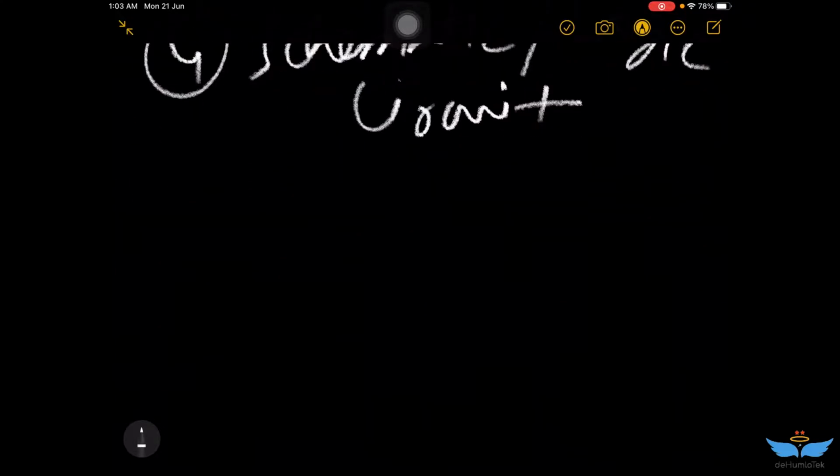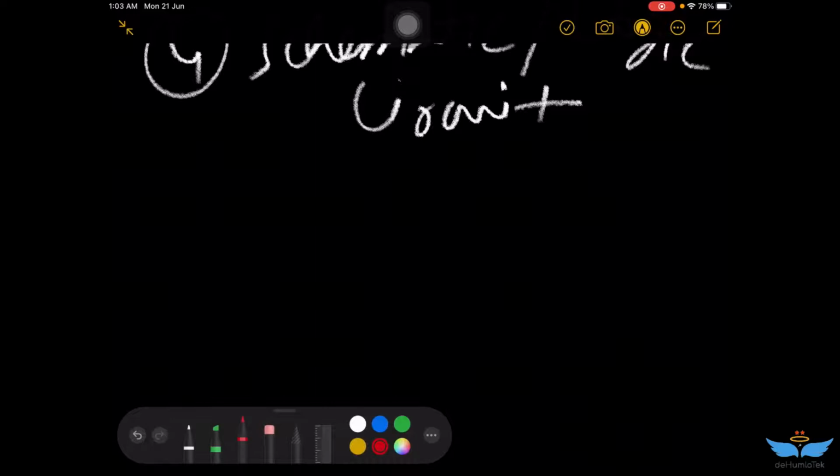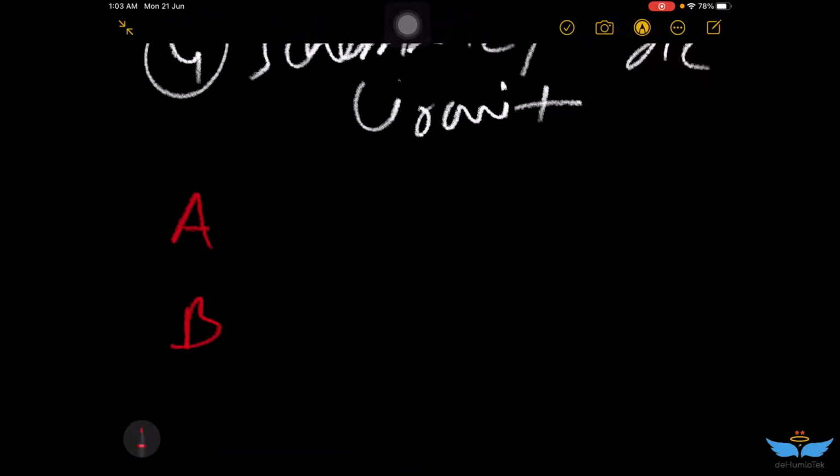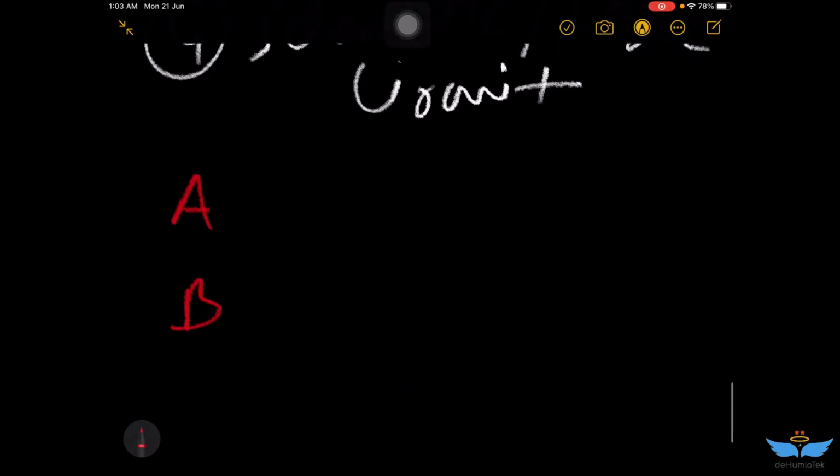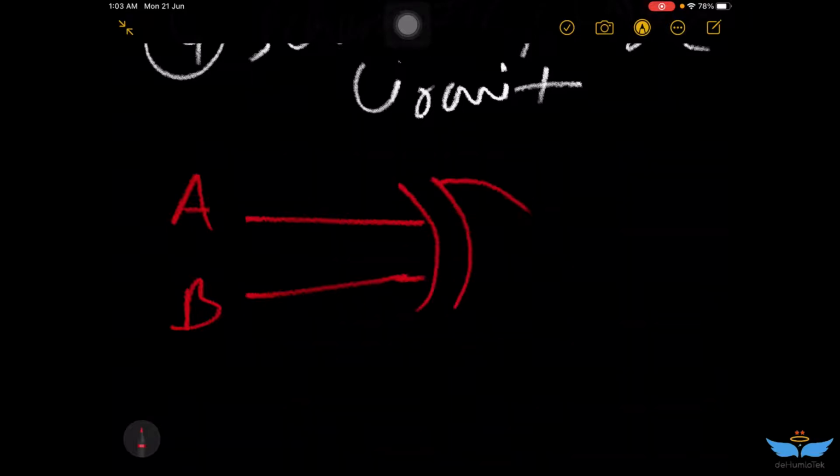There are two inputs, A and B. For sum there is A XOR B, so we'll use this gate, which I hope you know is the XOR gate. Here we'll get sum.